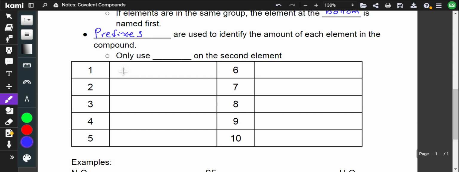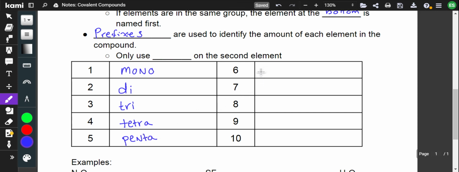So first up, the prefix for 1 is mono, like monorail. The prefix for 2 is di. Prefix for 3 is tri, like a triangle. Prefix for 4 is tetra. Prefix for 5 is penta, like a pentagon.